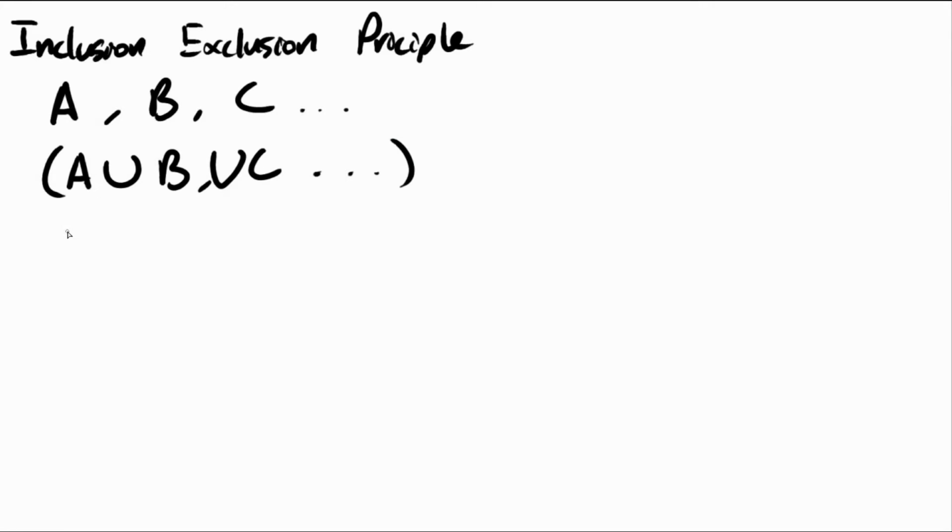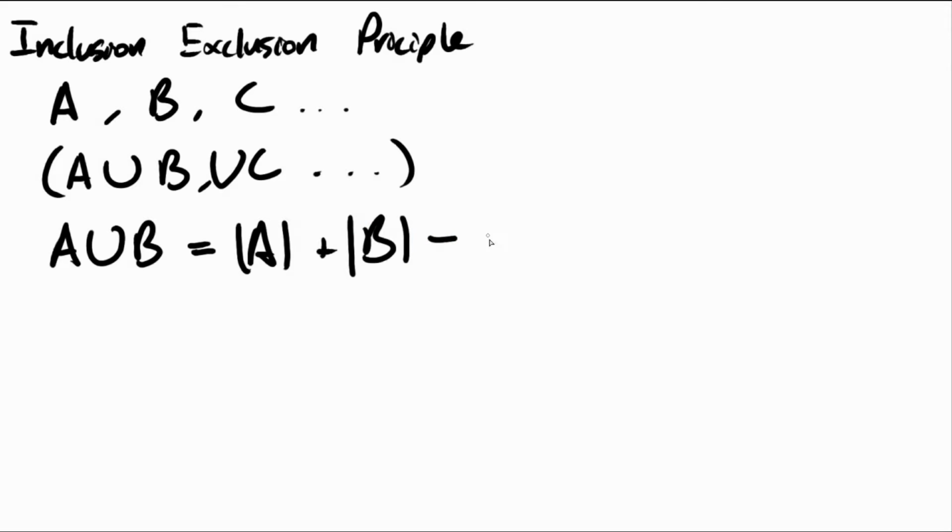So first of all, the union of sets A and B by this principle happens to be A plus B, just adding the sets together, minus A intersection with B, and the intersection is just the number of elements that they share. So you add the elements of each set together and subtract the intersection.